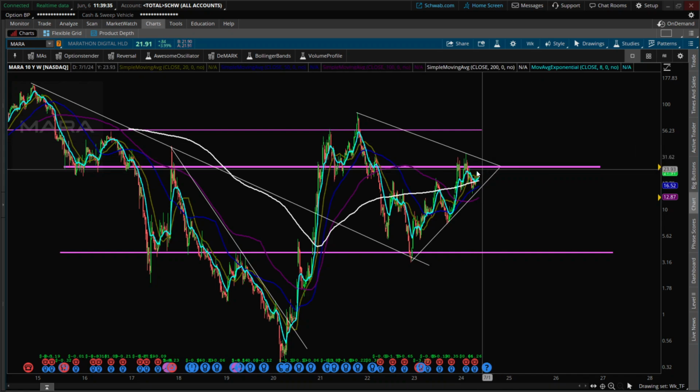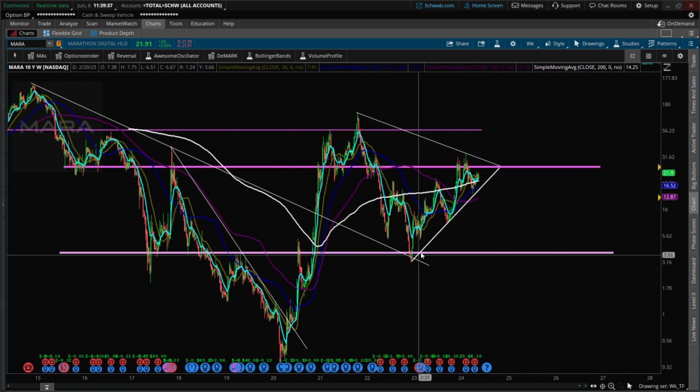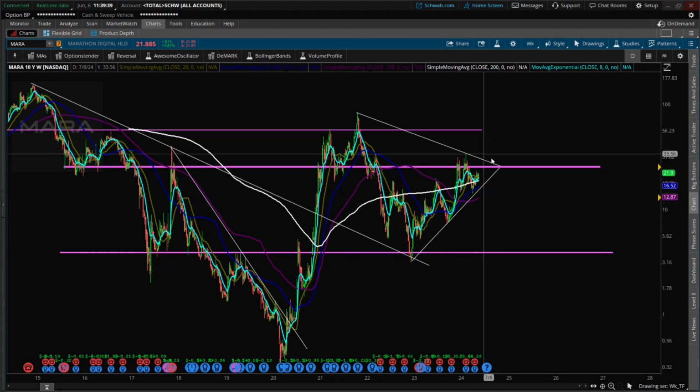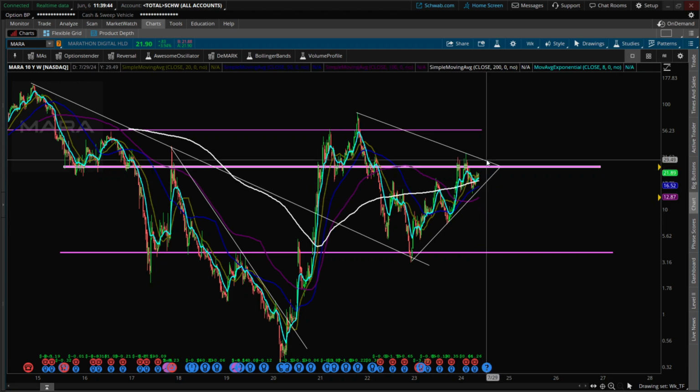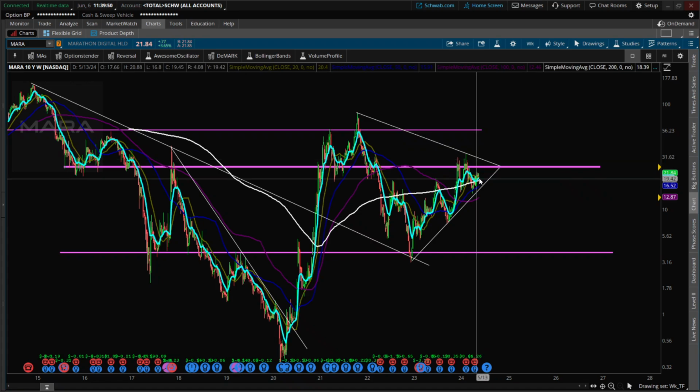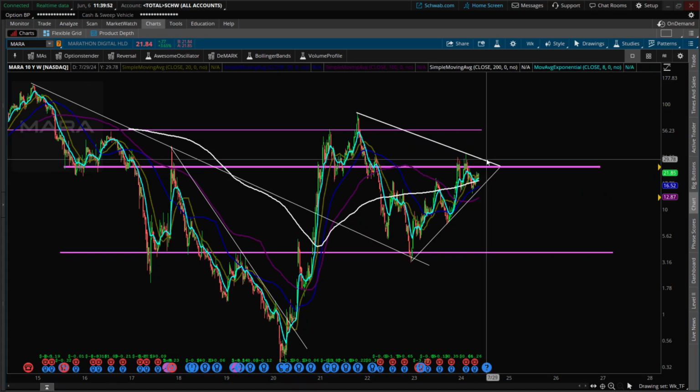So this is really what we're keying in on here on the weekly time frame. You have the triangle bottom and the triangle top. So if you're bearish, you're looking for a breakdown of this triangle, and bullish with the indicators, I do think it's more probable that price action goes higher. I think we'll start pushing and breaking out above this triangle.